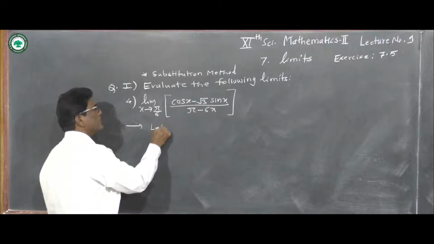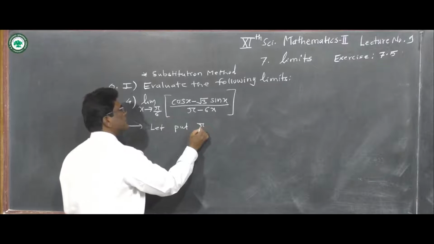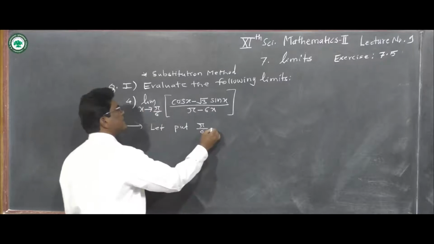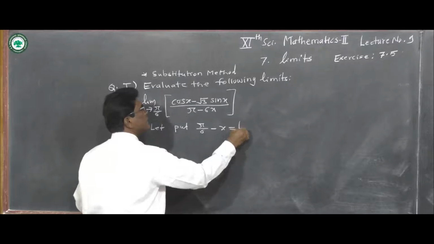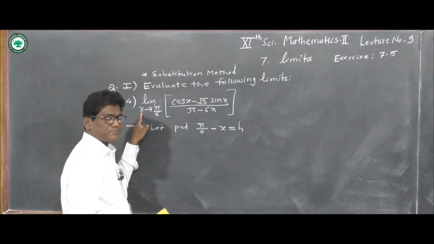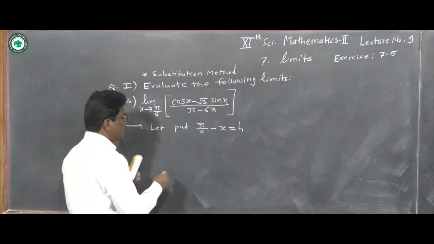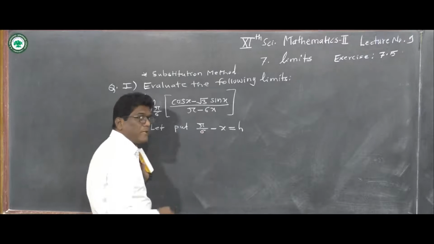Here let us put pi by 6 minus x equal to h. Get it? Pi by 6 minus x. Always take this minus this is equal to h. Now from this find the value of x.